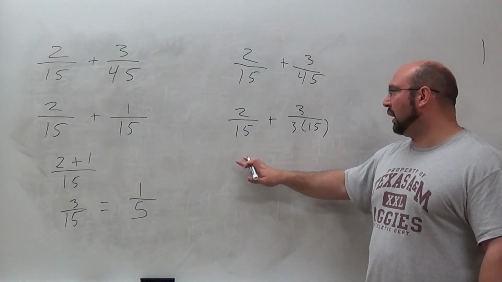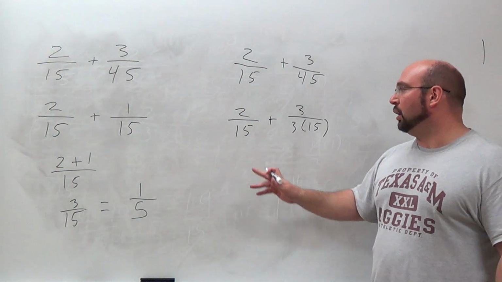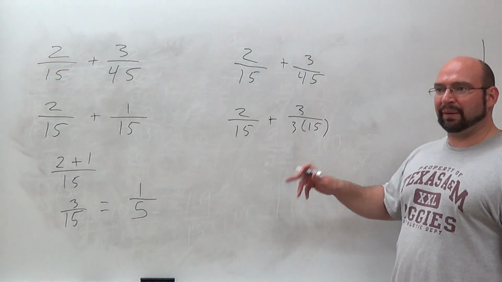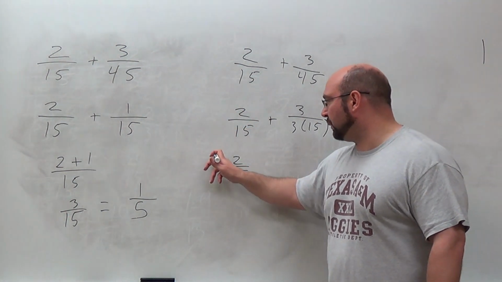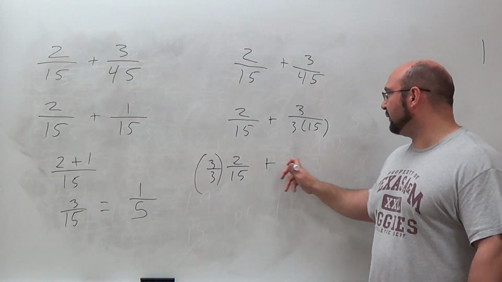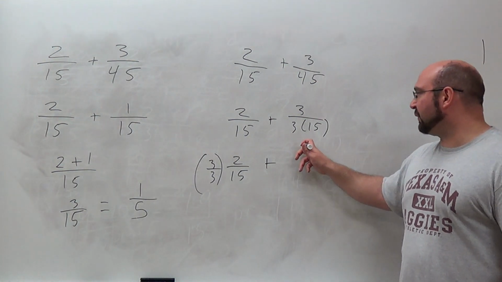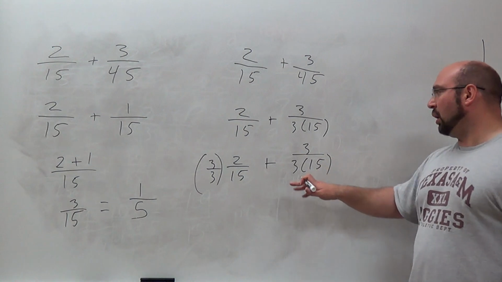So from here, I know if I really wanted to bring them up to 45, I can. Well, this has got a 15, this has got a 3 and a 15. So my factor for this side is going to be what? 2 over 15, but I'm going to multiply it by 3 over 3. Plus, I don't have to multiply this by anything. Because if I look, my factors for my denominator are now the same.